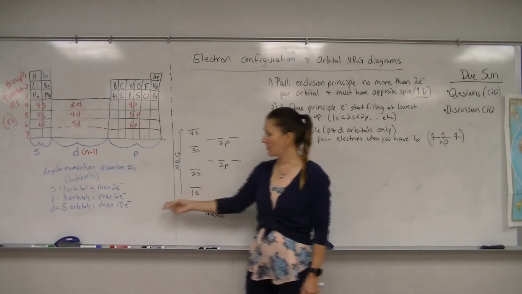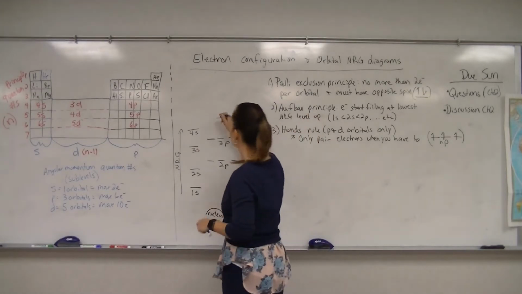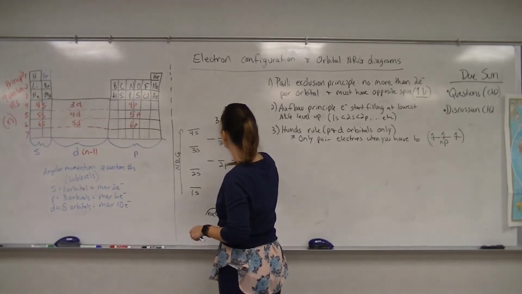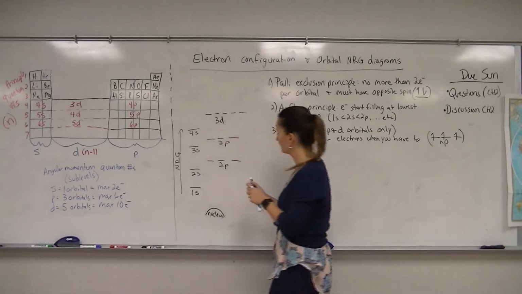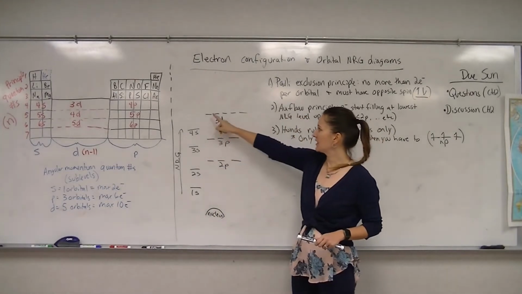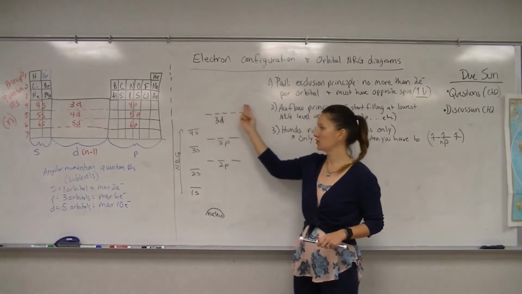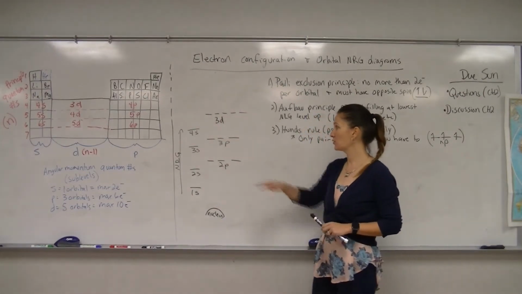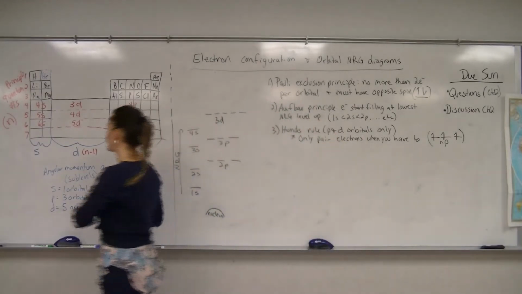Each of these can hold 2 electrons. And then D, which I don't have pictured here, but I can sure draw one, has 5 orbitals. So let's look at the 3d: 1, 2, 3, 4, 5. So if we were to write the d, it would have 5 orbitals, and 2 electrons can fit in each of those. Now notice we went from 4s to 3d. That's something we talked about last time as well.